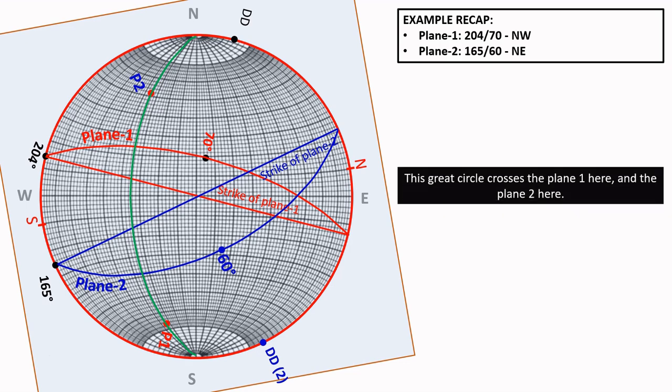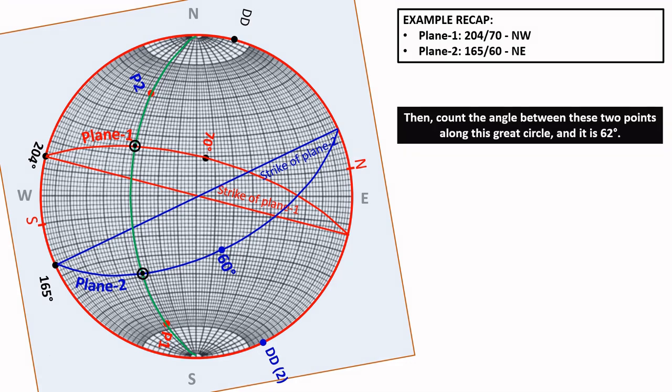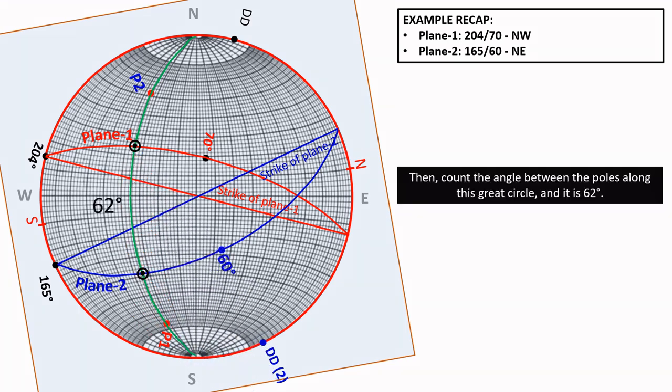This great circle crosses the plane 1 here and the plane 2 here. Then count the angle between these 2 points along this great circle and it is 62 degrees. Therefore, the angle between the 2 planes is 62 degrees.